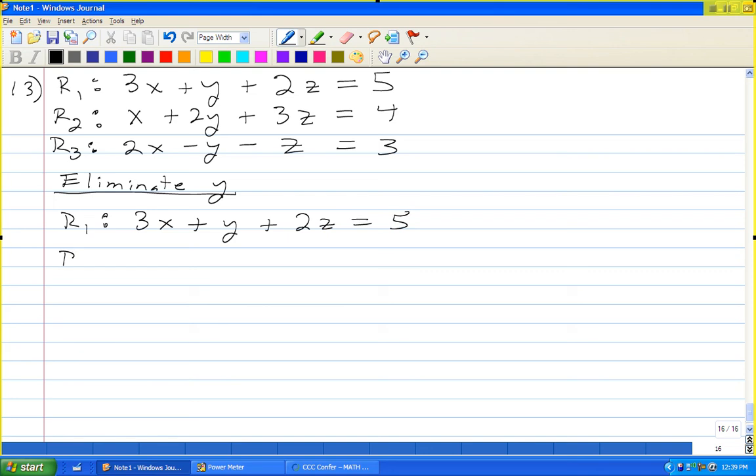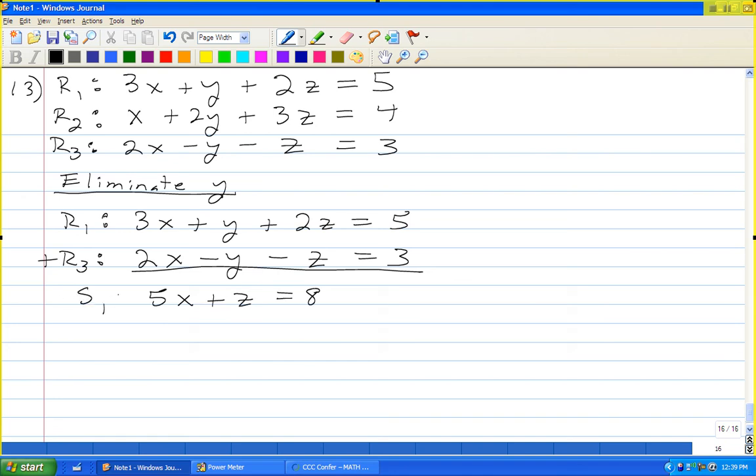Let's add that to R3, 2x minus y minus z equals 3. And so if I add that, I get 5x plus z equals 8. Call this S1.